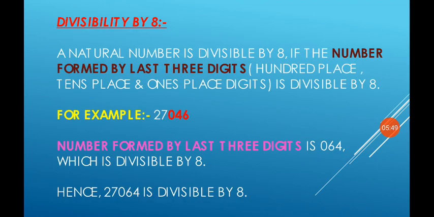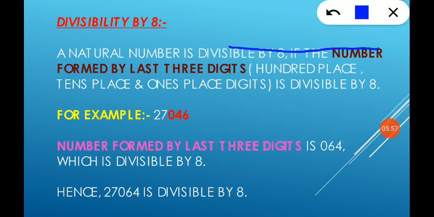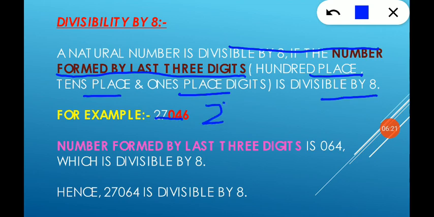Next, divisibility by 8. It says that a number is said to be divisible by 8 if the number formed by the last 3 digits, that is the hundreds place digit, tens place digit, and ones place digit, is divisible by 8. Take the number 27064.